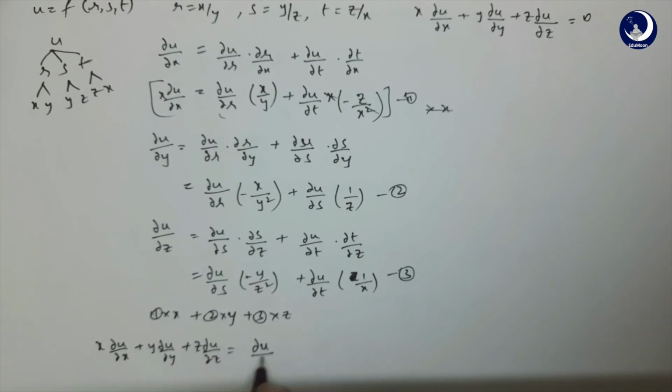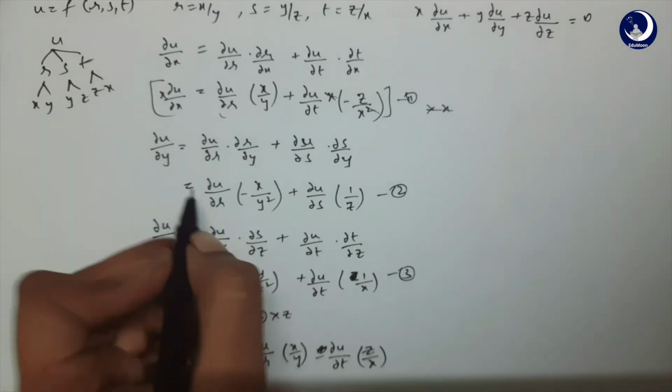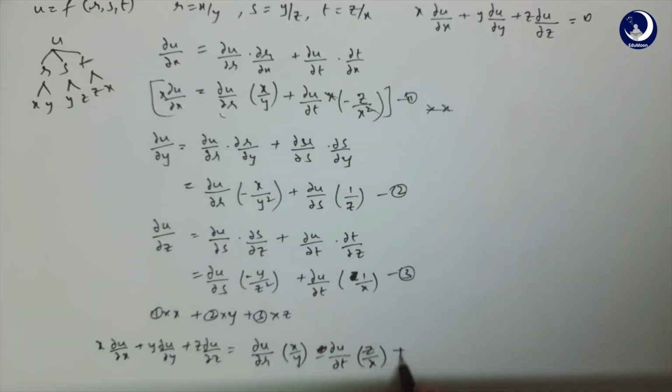So our terms are ∂u/∂r x by y plus ∂u/∂t minus z by x. Similarly, we are multiplying y on both sides, and we get ∂u/∂r, we'll take minus outside, x by y square into y, so y and y get cancelled, there's our term, plus ∂u/∂s into y by z.